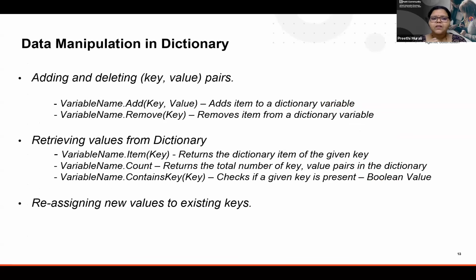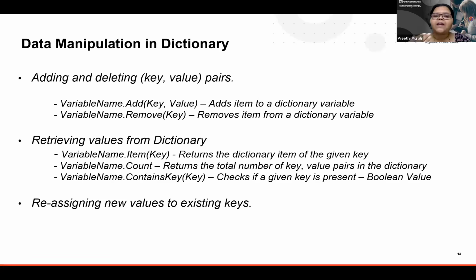Then we'll talk about dictionaries as well. Dictionaries are special because they have a key value pair. We can either add a key value pair or remove a key, and if you remove a key, the value is also removed, since it comes as a pair. The most important thing is that the key should be unique. Only then will it add it.